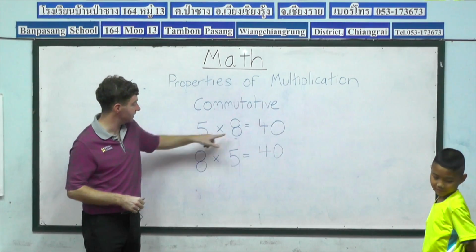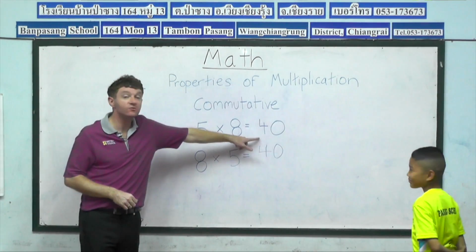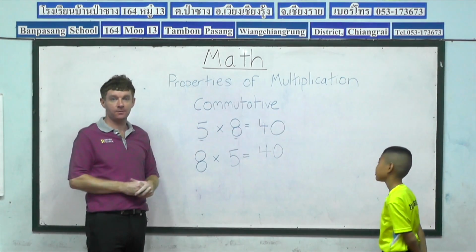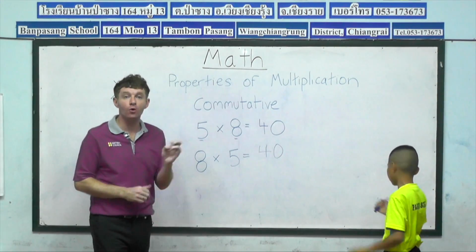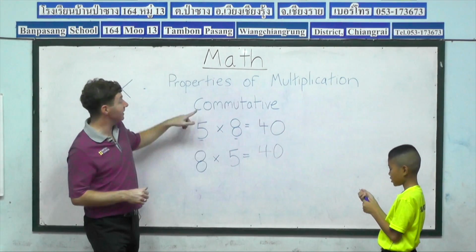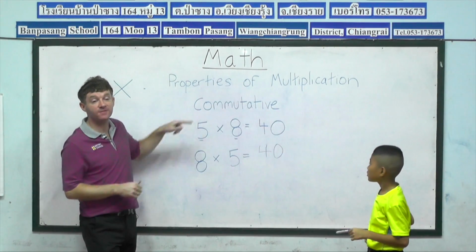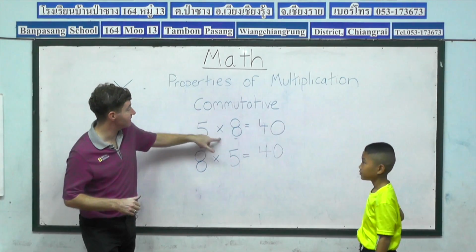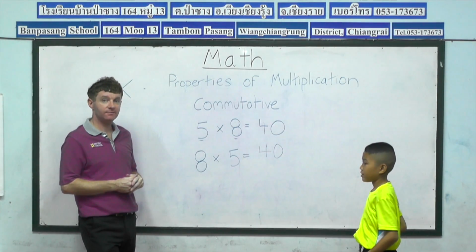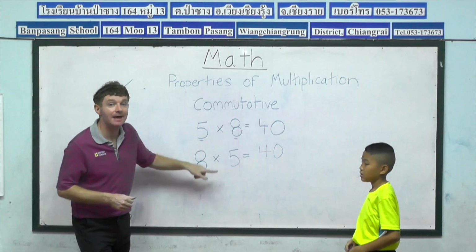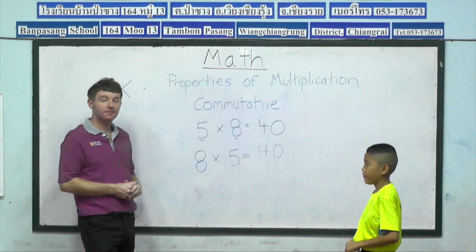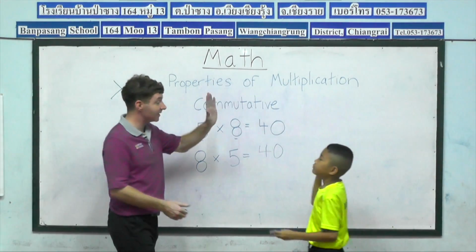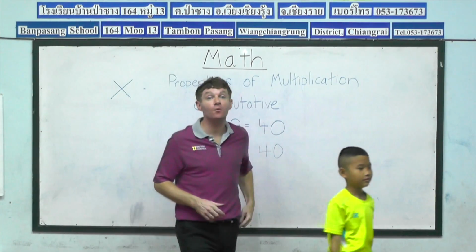If we use the same two numbers, we're always going to get the same answer. So we can say 40 is the commutative property of 5 times 8 and 8 times 5. Pangpon, that was excellent. High five. Big round of applause for Pangpon, guys.